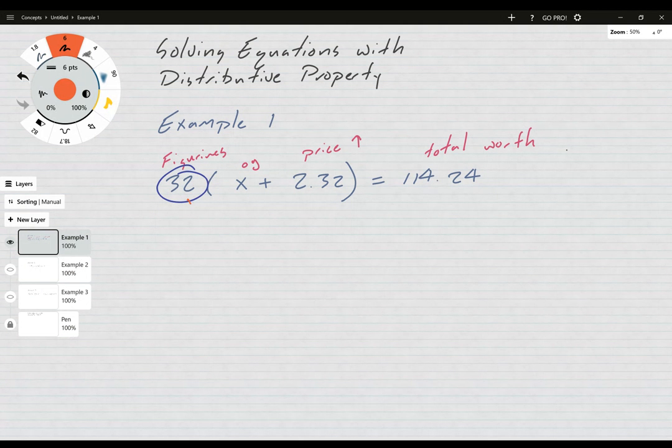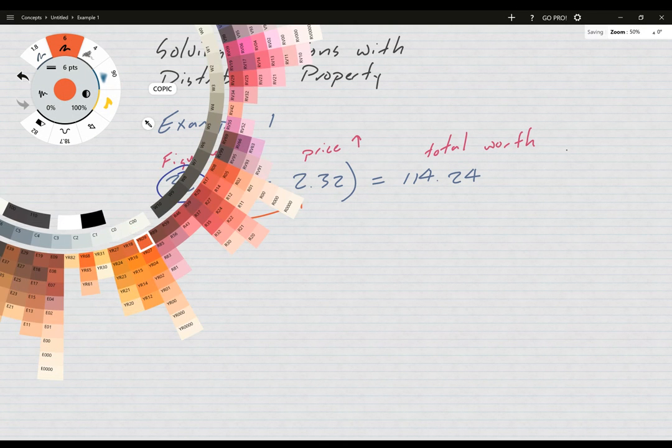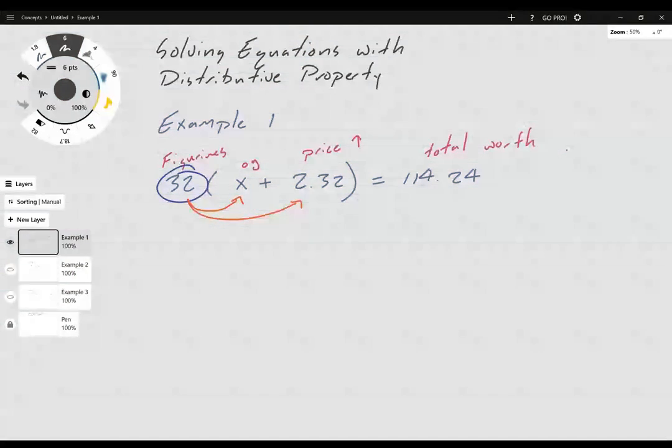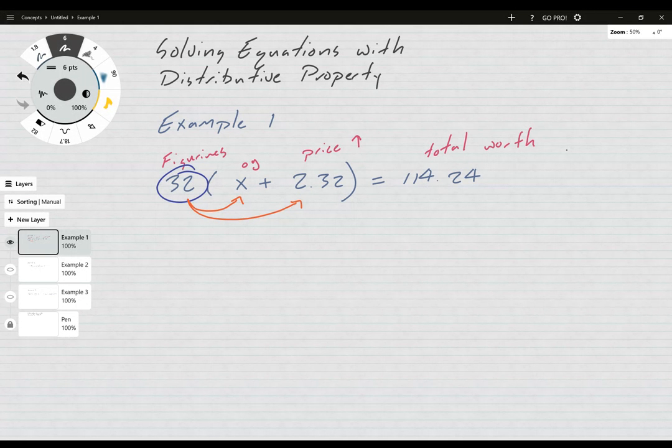So we're going to do 32 multiplied by x, 32 multiplied by $2.32. So let's rewrite that now. I'm going to have 32 multiplied by x. When you're multiplying an integer by a variable, you can just combine them. So I get 32x.